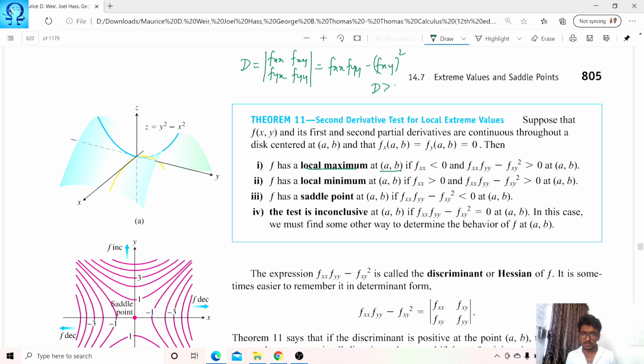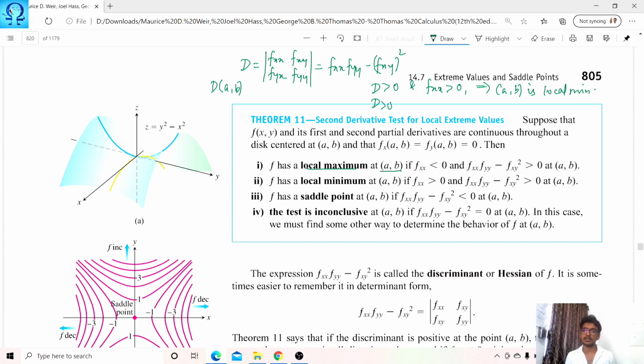If the D value is positive and fxx is also positive, then, here we are not talking about generalized values, this D has to be evaluated at some point (a, b). That means the second derivative with respect to x, the second derivative with respect to y, and the mixed derivative have to be evaluated at this point. If D is positive and fxx is positive, then (a, b) is a local minimum.